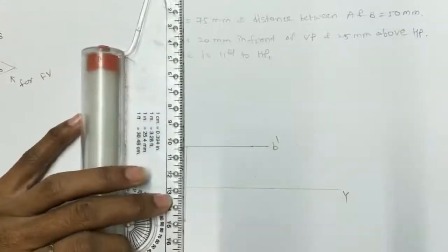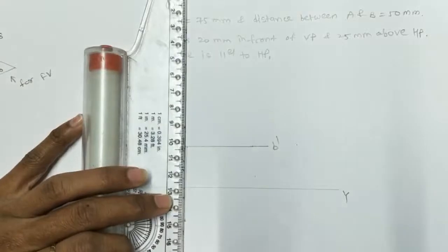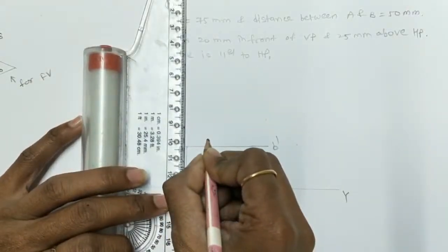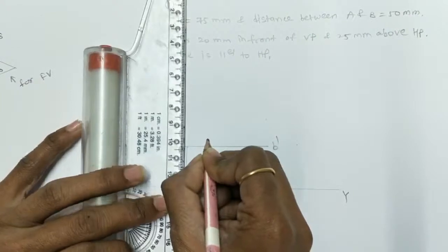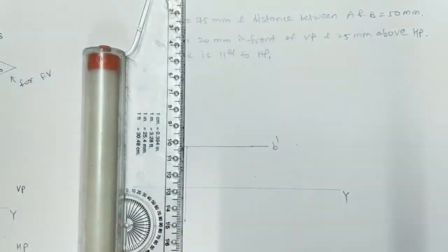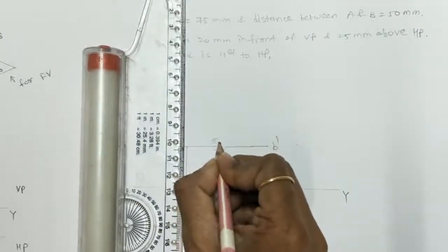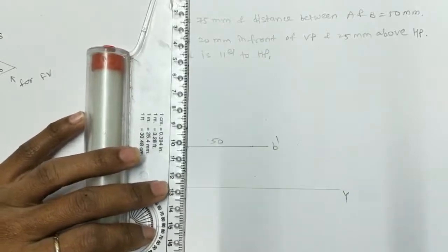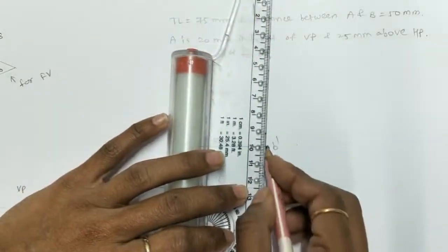Now take projections from A dash and B dash. Here the distance between A and B is 50 as given. Now take projections from A dash and B dash.